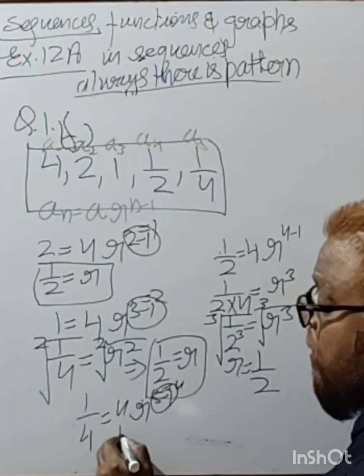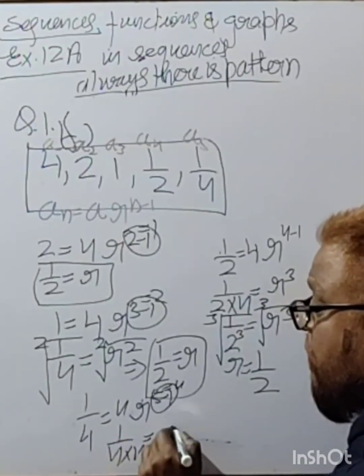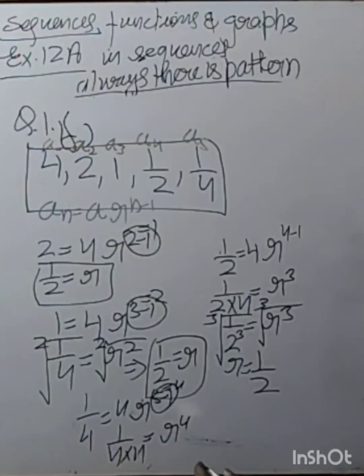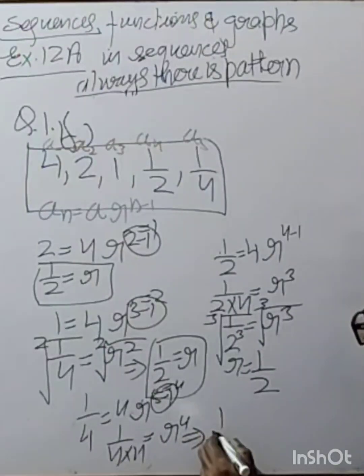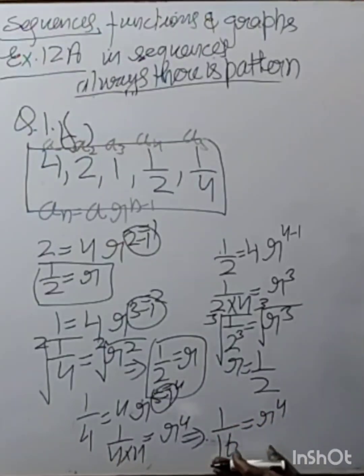This is coming down. So 4 into 4 is equal to r raised to the power 4. This is 16. So we can write 1 upon 16 is equal to r raised to the power 4. 16 can be written as 2 raised to the power 4.